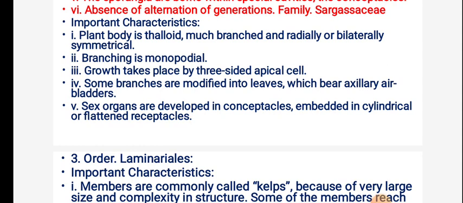And some branches are modified into leaves which bear axillary air bladders. So axillary position means what? In between the leaf and the main axis. So it is the axillary position, and sex organs develop in the conceptacle. So this is also one highlighting character.